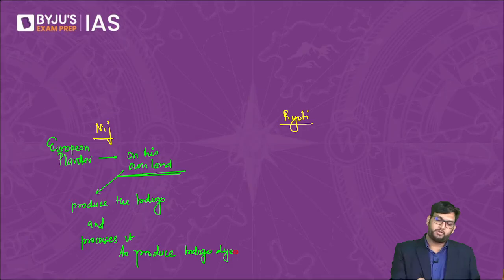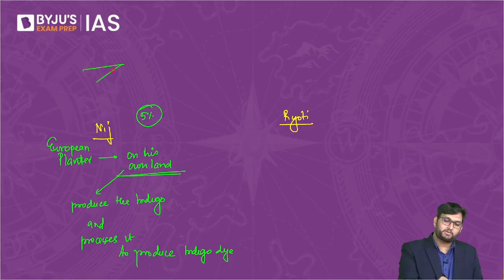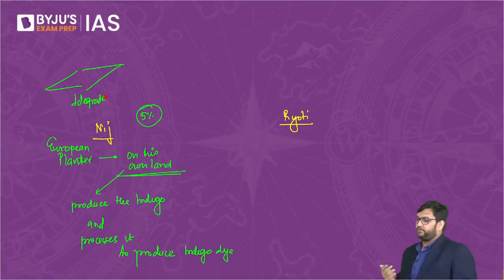However, this was only 5% of all production because a European planter would not like to have all the burden on him, as his own land is going to degrade. So people did not prefer this.